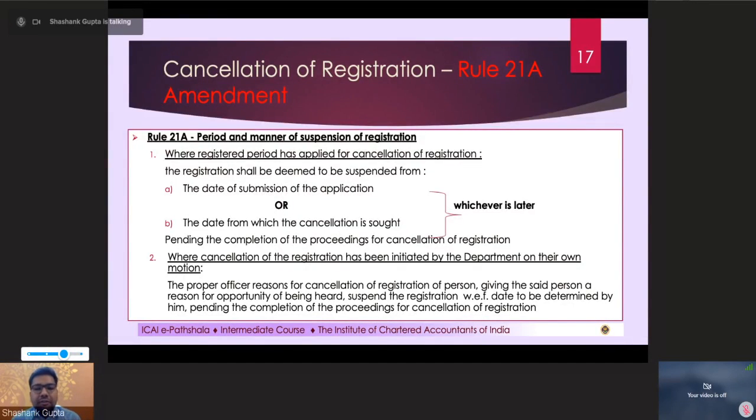Suspension of registration. So friends, earlier a difficulty was being faced by taxpayers. Suppose a taxpayer wanted to opt for cancellation of registration, then he was filing the application online for cancellation, but no cancellation of GST registration is final until the proper officer does a complete detailed analysis as to why the person is opting for cancellation.